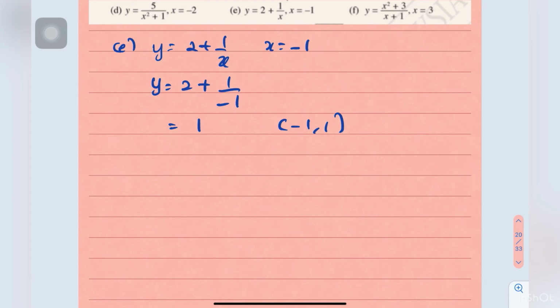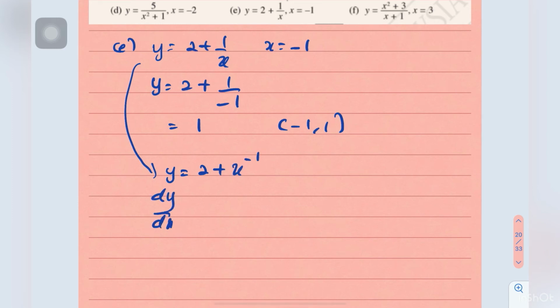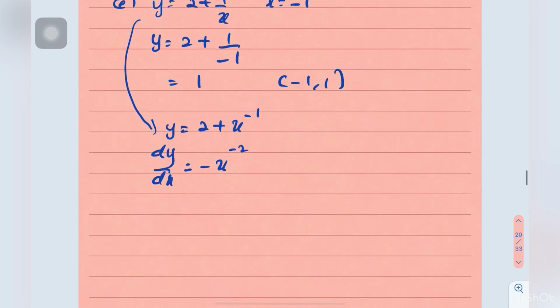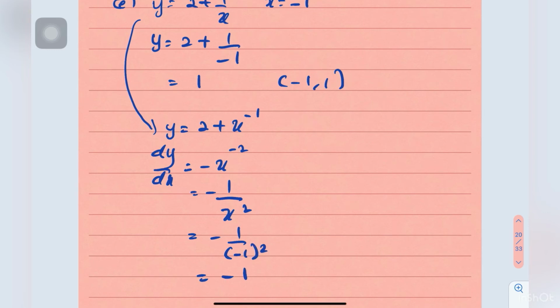Okay, so from y, we have y equals 2 plus x to the power of negative 1. So differentiate, we get negative x to the power of negative 2. Okay, so negative 1 over x squared. You substitute x equals negative 1. So negative 1 over negative 1 squared is negative 1.